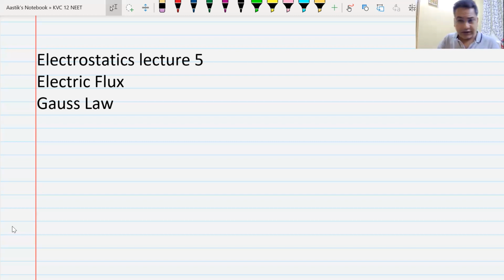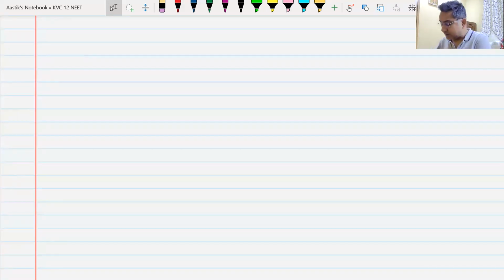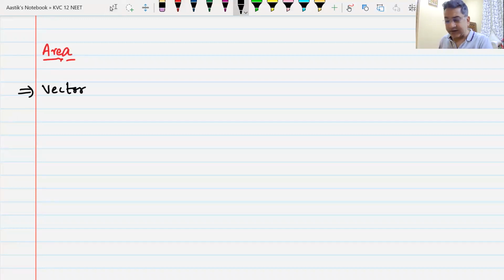From now onwards, whenever we come across area, it will be taken as a vector quantity. Now, if it is a vector quantity, it must have two things: a magnitude and a direction.